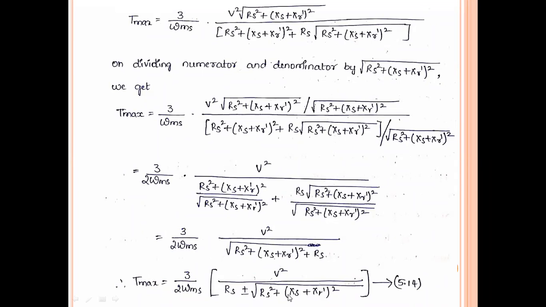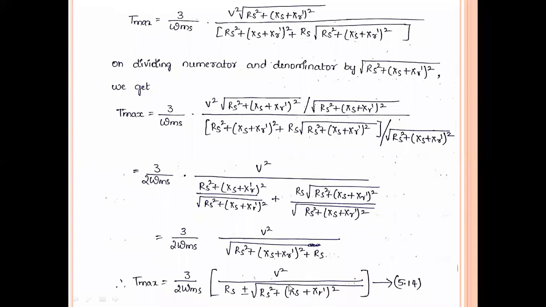You can see there is no rotor resistance term here. So the maximum torque equation is independent of rotor resistance and slip, and it is also known as the breakdown torque.